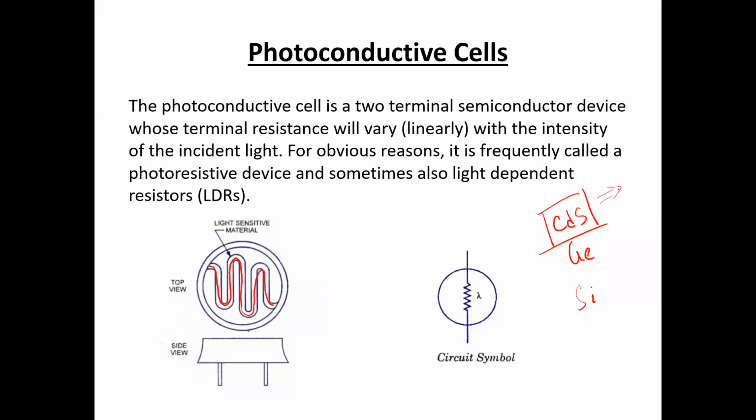So for that reason, for automatic control of street lights or the automatic control of the iris in a camera, LDRs can be used, and they could be good alternatives to photoemissive cells.